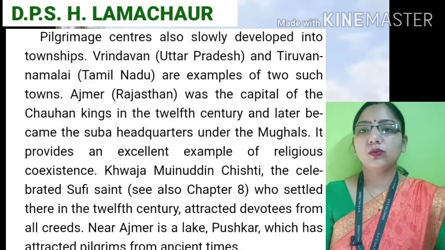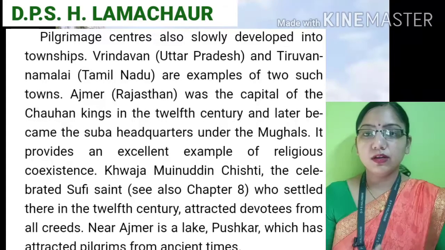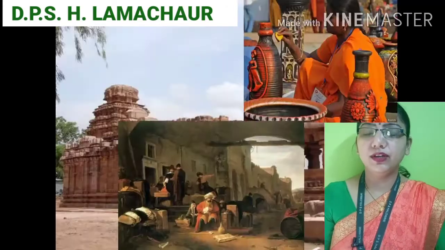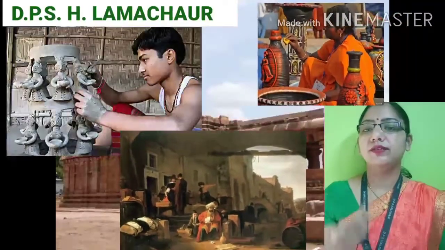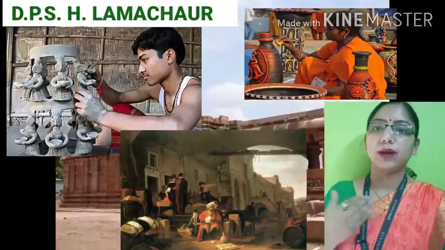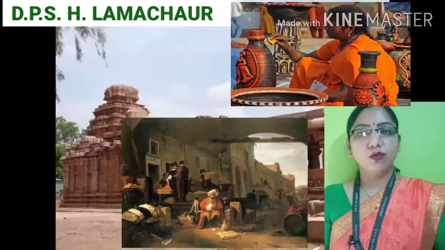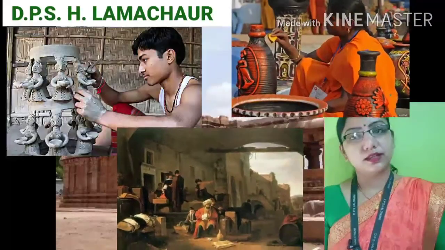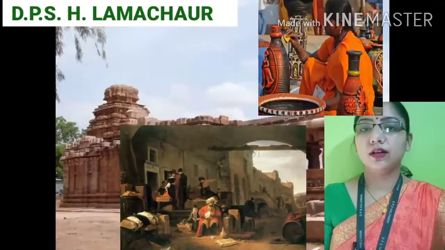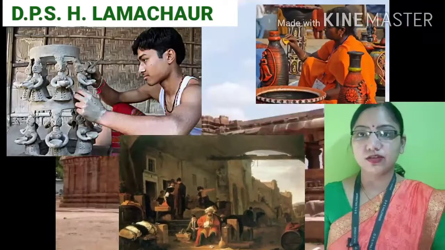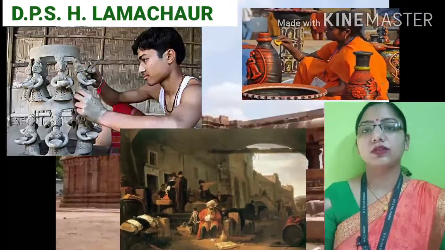These also became economic hubs, areas where cultural and different types of activities were practiced during the Mughal and Delhi Sultanate periods. About this we will study in our upcoming chapters, where we will study the Sufi saints.